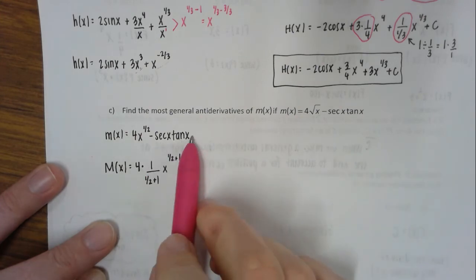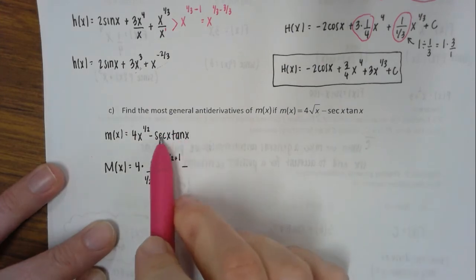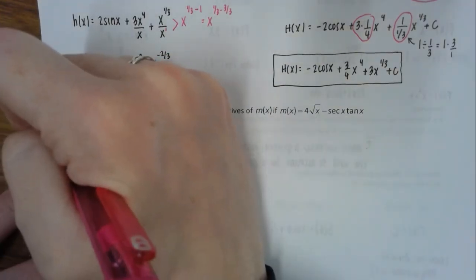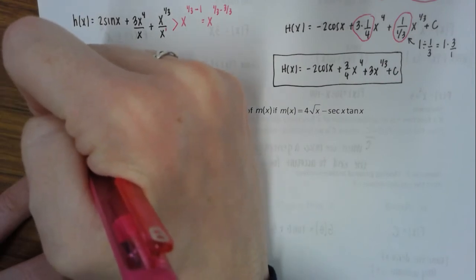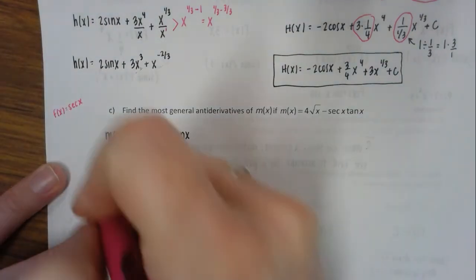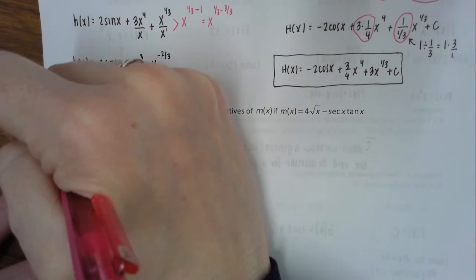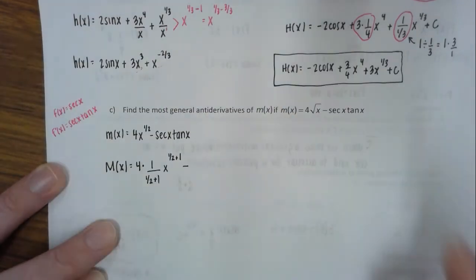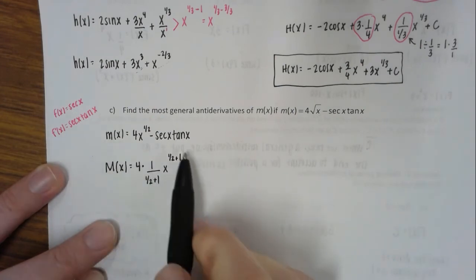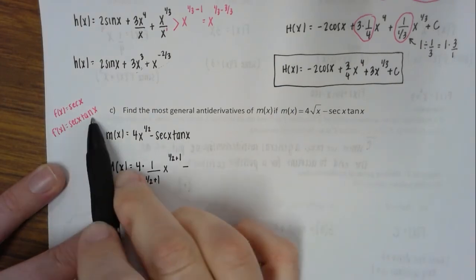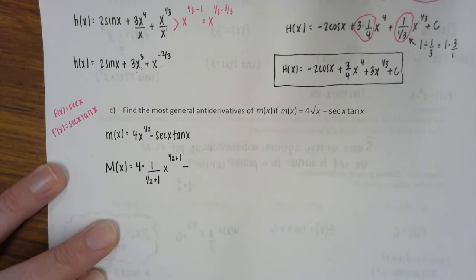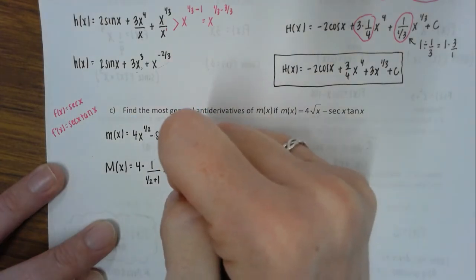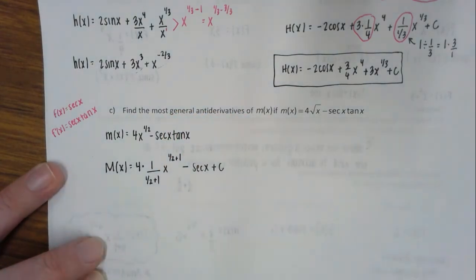So if you think about, again, our trig derivative rules, if we had a function that was secant of x, derivative of secant is actually secant of x tan x. So that means that if we're looking for the antiderivative of secant tan, the antiderivative of that is actually secant. So it's going to be minus secant of x and then plus c.